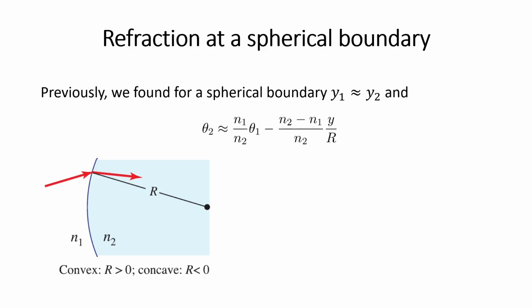Here, r is the radius of curvature, which is positive for a convex boundary and negative for a concave boundary. So the transfer matrix for this system is 1, 0 in the first row and minus (n2 minus n1) over n2r and n1 over n2 in the second row.